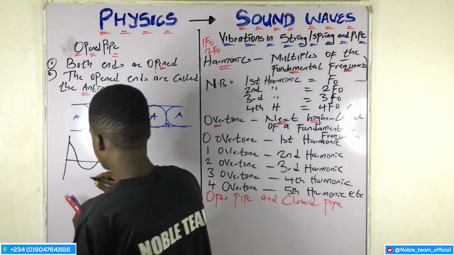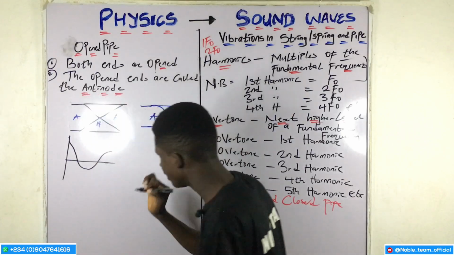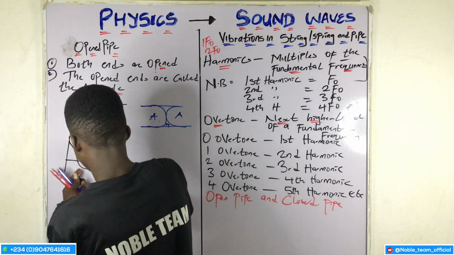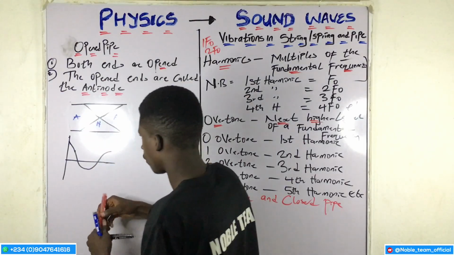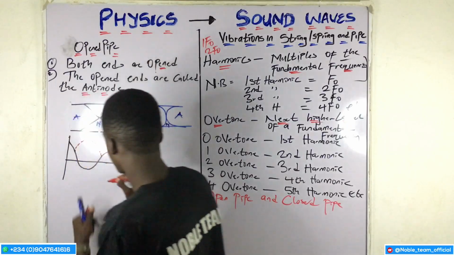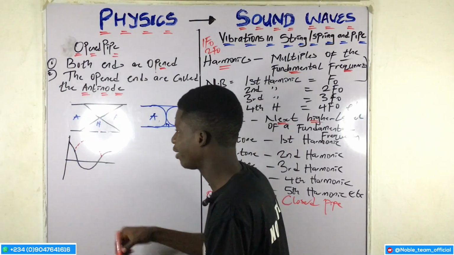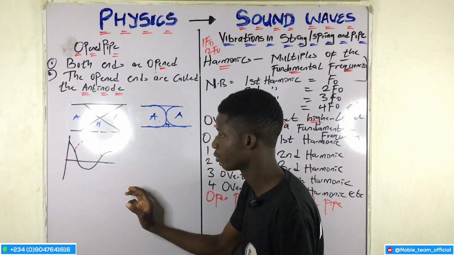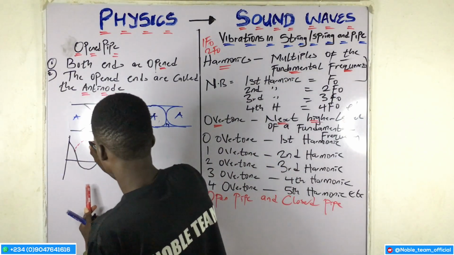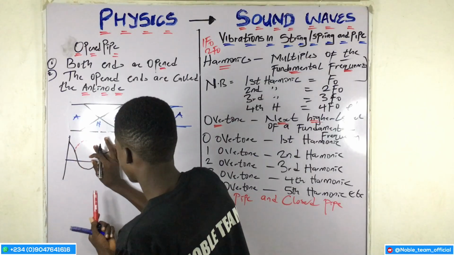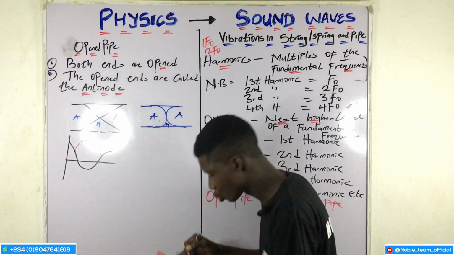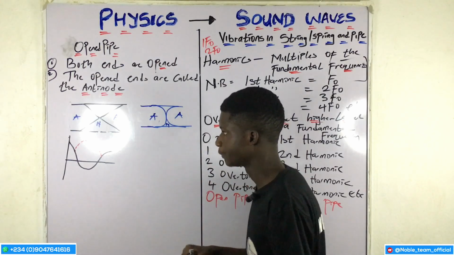Now, this part here is one over lambda over 2. Do you understand? Because if I cut this, this place is lambda over 4, this place is lambda over 4. Lambda over 4 plus lambda over 4 will give us what? Lambda over 2.